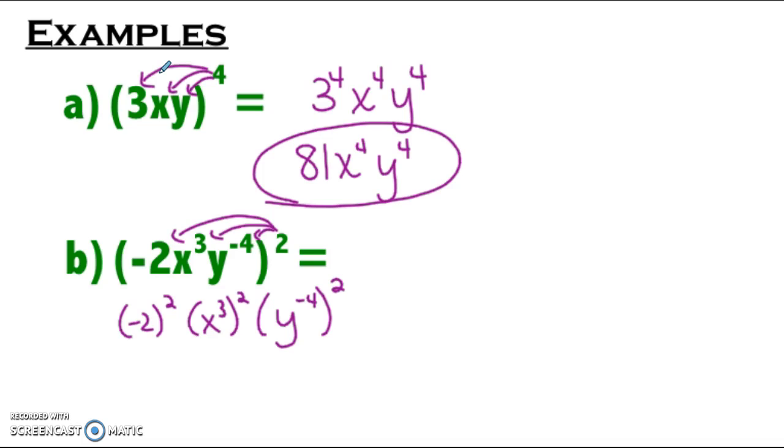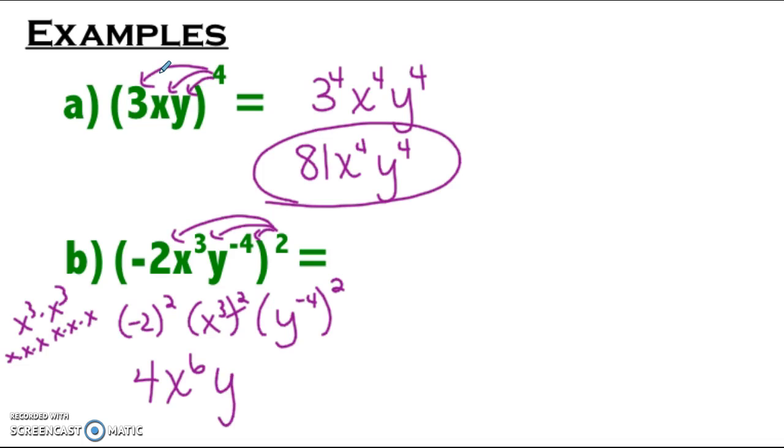Well, negative 2 squared, that's just negative 2 times negative 2, so that's 4. X cubed squared, if you don't remember that, you could just do x cubed times x cubed. And again, remember that it's x times x times x times x times x times x. This is x to the 6th. But if you remember that you could just multiply the exponents here, that would be obviously quicker. And so now I remember I can multiply the exponents when I'm taking y to the negative 4th all being squared.